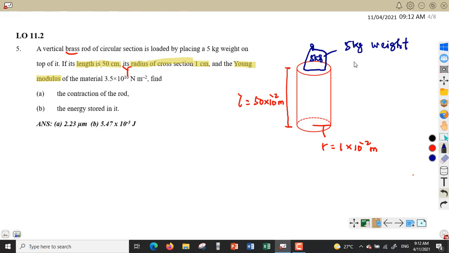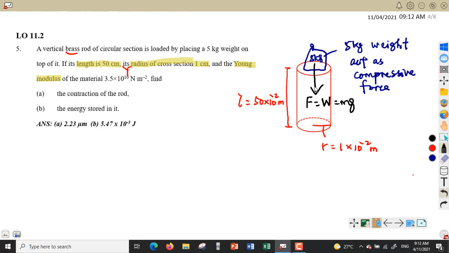So this weight will act as the compressive force, whereby this compressive force is going to press on the rod.